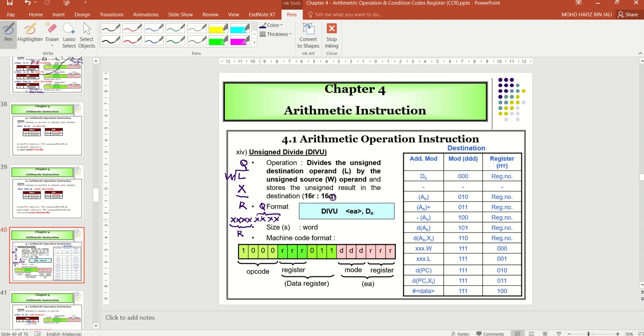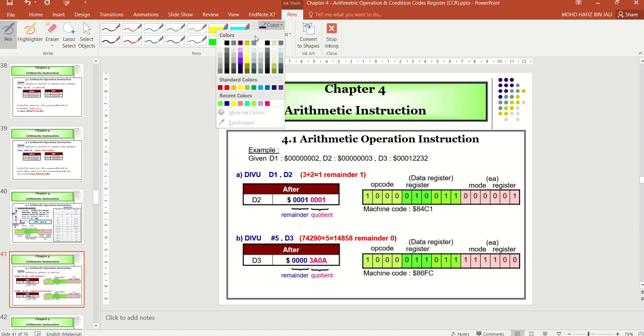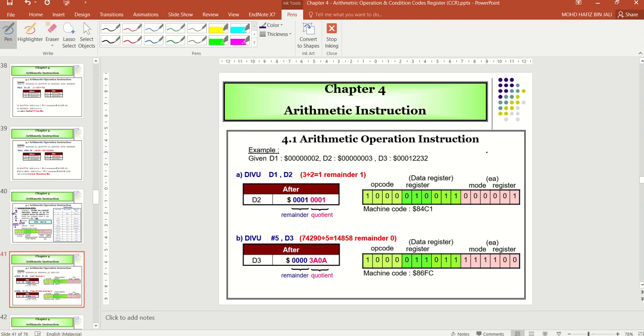Okay, so let's see that example. D2 divided by D1. For D2, you need to take the whole long value, which is 3.